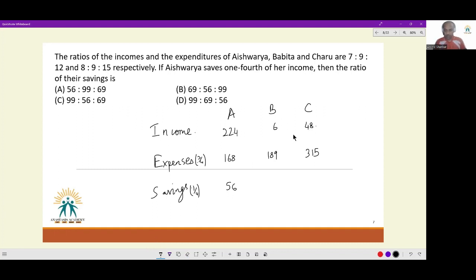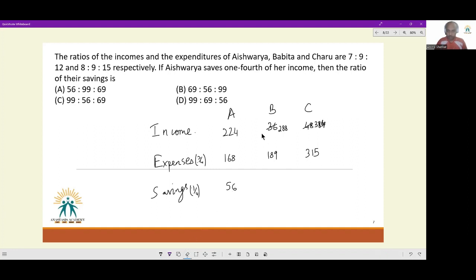Shouldn't have erased those numbers. Yeah. 36 into 8 will be 288, and 48 into 8 will be 384.